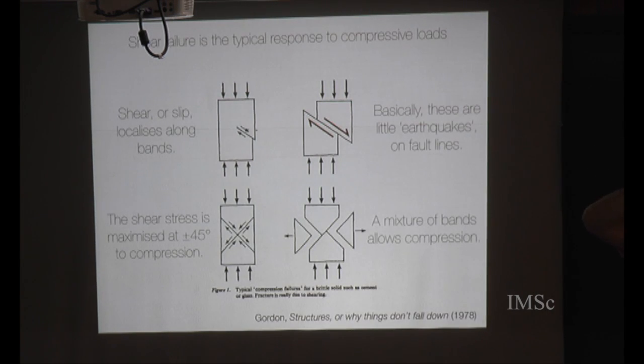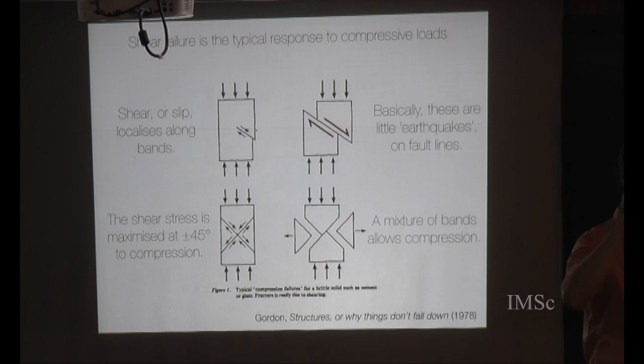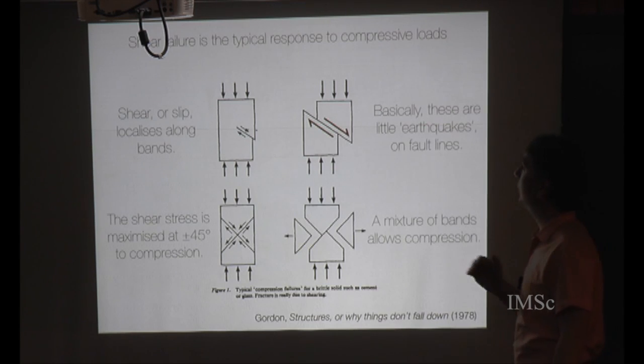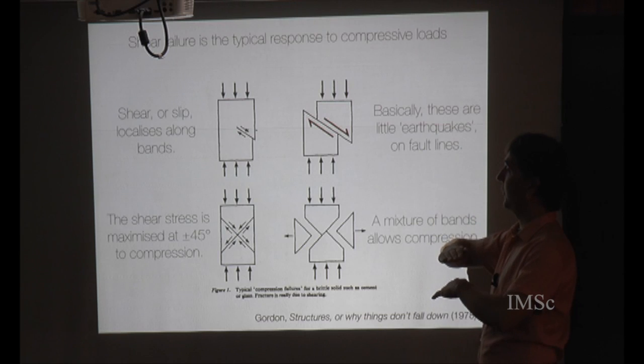If you take a cylinder of material and compress it, the direction of maximum shear strain, the first place you'll reach a yielding criterion, is at around 45 degrees to the slip plane. There is some discussion about this in granular materials because the introduction of friction into the system can change that direction slightly, but for a homogeneous material, it'll be at 45 degrees to the axis of compression.